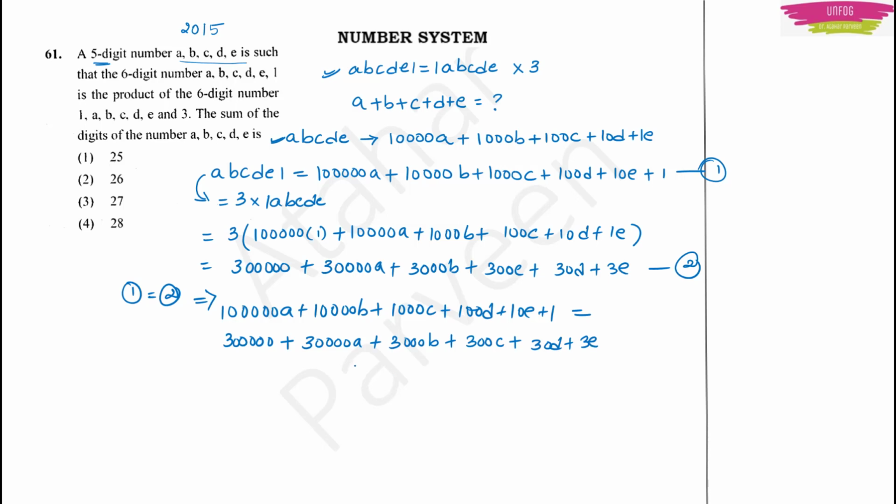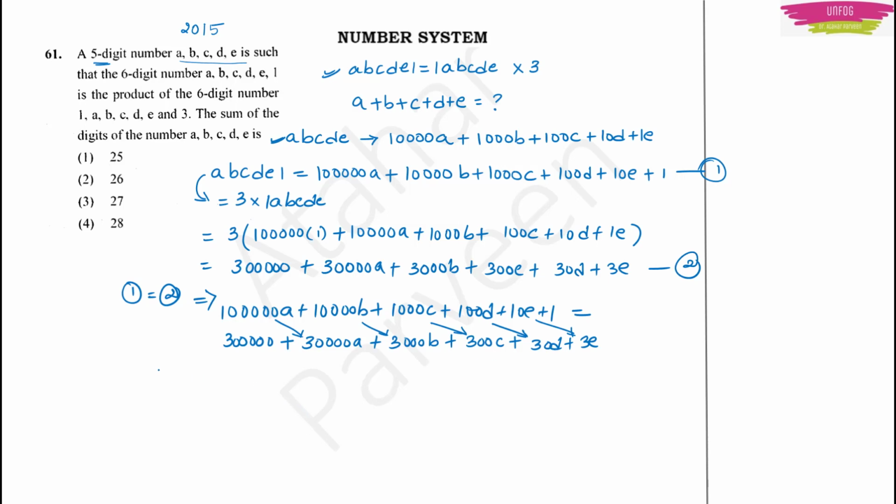Now if you take all the right hand side terms to the left hand side, you will have to subtract this and this term, this and this term, and so on.